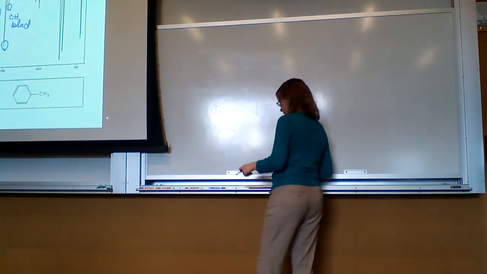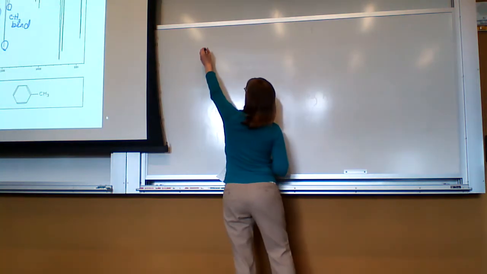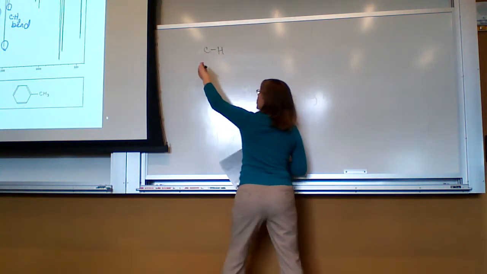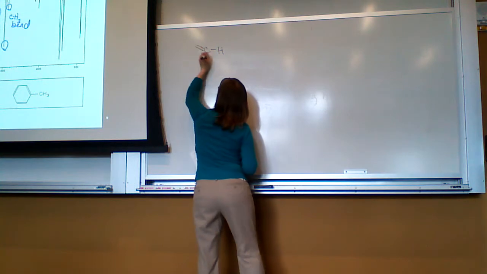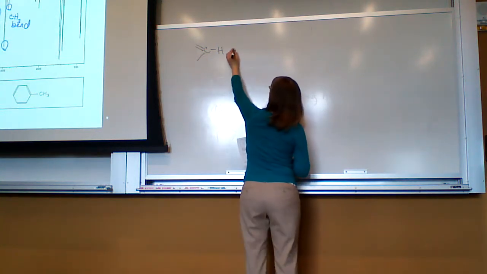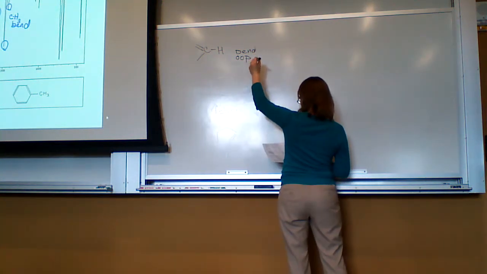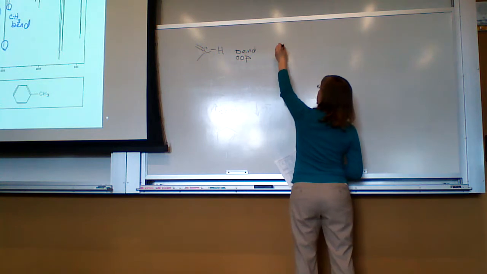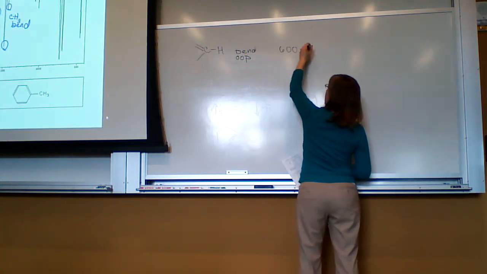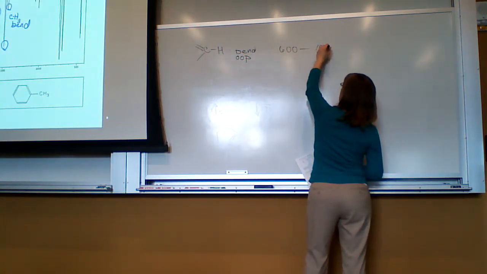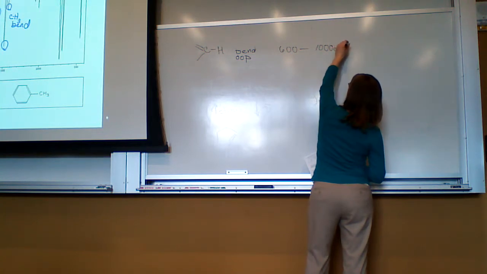If it gets too complicated, then you can't really identify it. So it's your CH of the aromatic ring here, bend, and this is an out-of-plane bend, ranging from about 600 to 1,000 in the different numbers we're looking at.